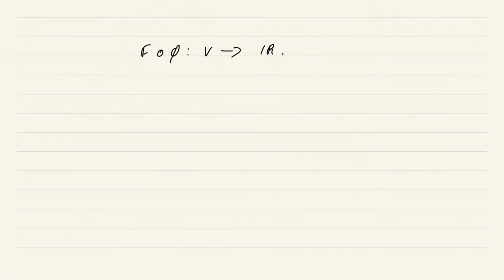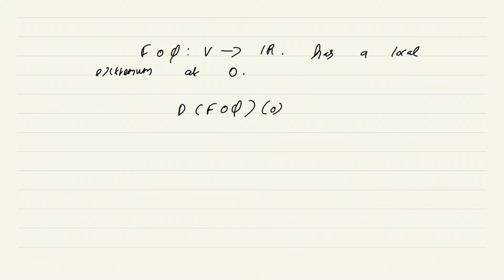Okay, so F composed with phi has a local extremum at 0 by hypothesis. That means the derivative d(f composed with phi) at 0 must be 0. Now, how does this help us? Well, what does the chain rule say?